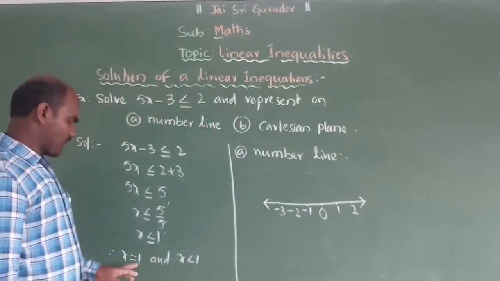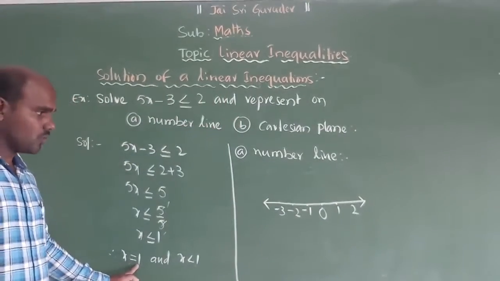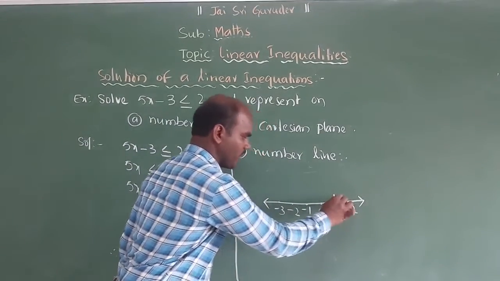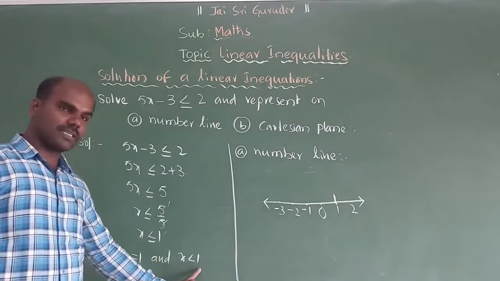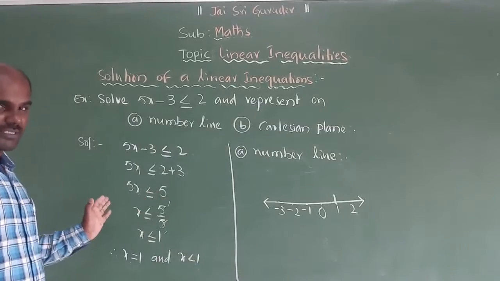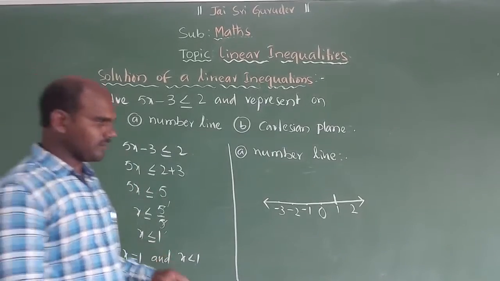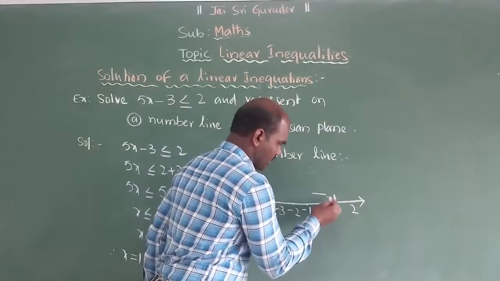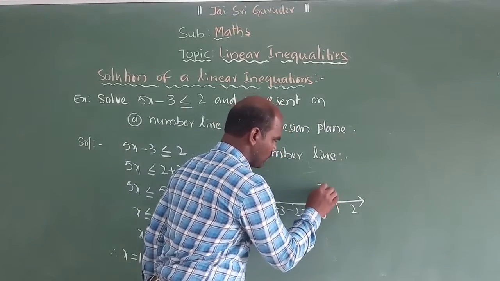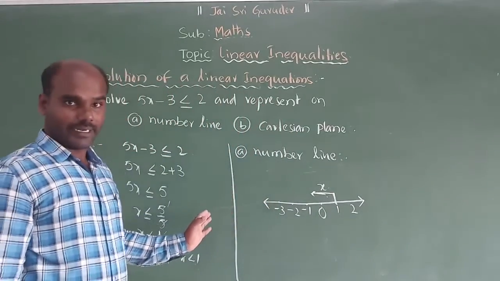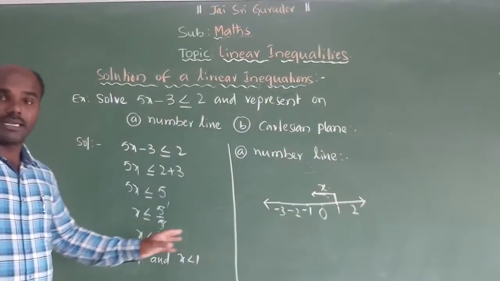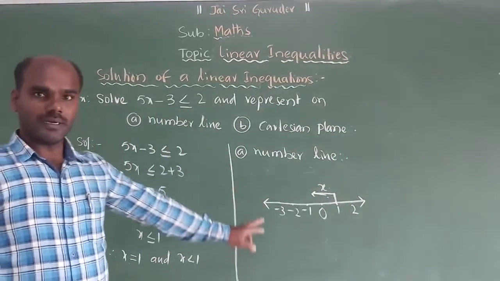First I am showing x is equals to 1. Then x is less than 1 means 0, minus 1, minus 2, minus 3, the left hand side, so the x values are on the left hand side. This is the solution of the linear inequation on the number line.